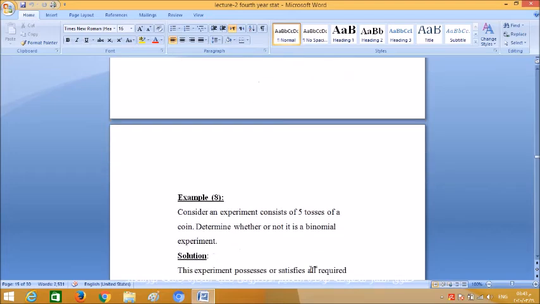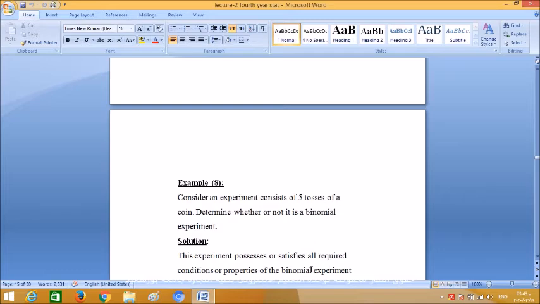Example 8. Consider an experiment that consists of 5 tosses of a coin. Determine whether or not it's a binomial experiment. 5 tosses here means n trials, and every trial will be head or tail, success or failure. One of two outcomes will occur.